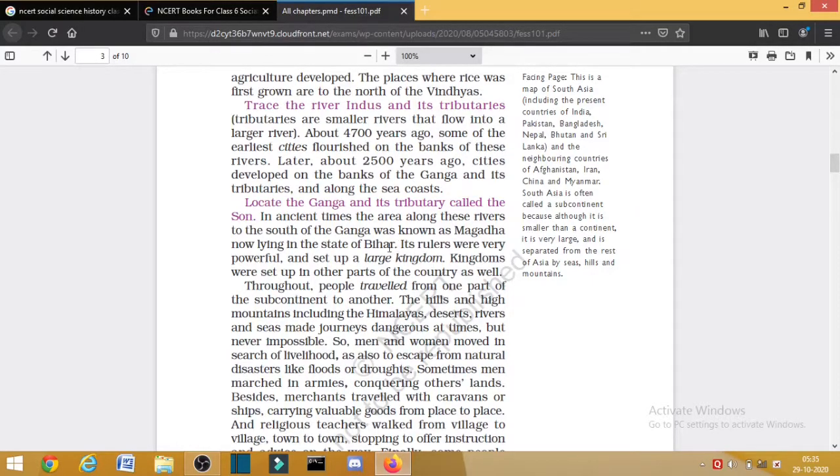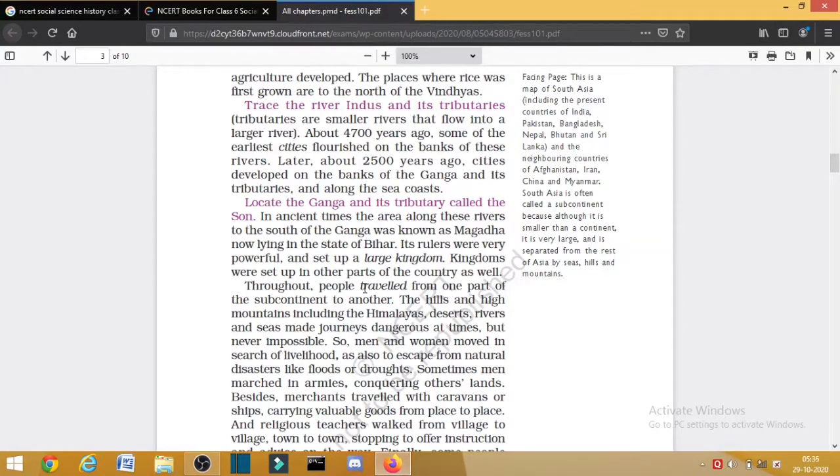Its rulers were very powerful. The king was very powerful and set up a large kingdom. Where a king was ruling, it is called a kingdom. So kingdoms were set up in other parts of the country as well, in different parts.